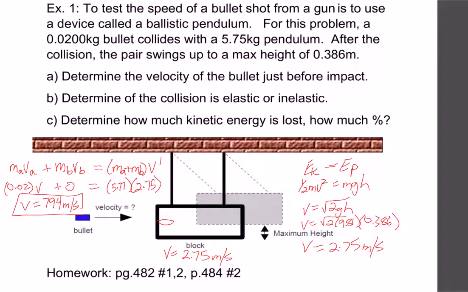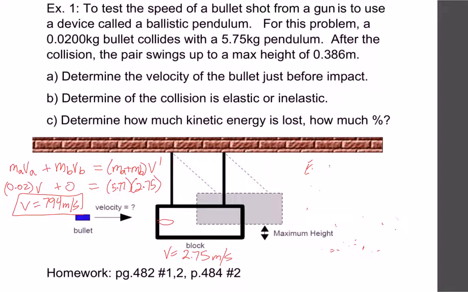So let me just erase this part. We don't need this here anymore. So let's calculate our kinetic energy before and after. So our kinetic energy of the bullet before it hits the wood will be 1/2 mv squared.